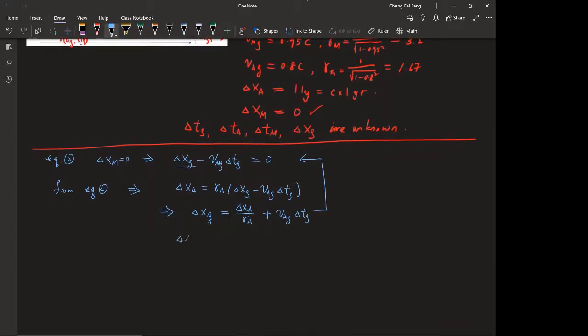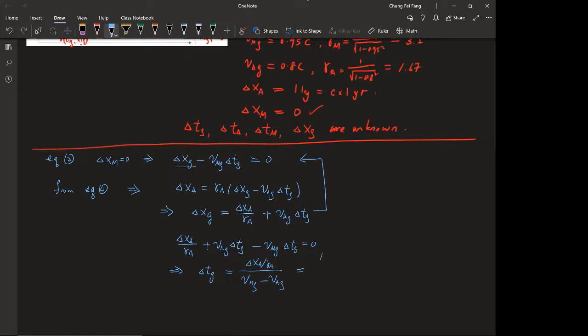Therefore I got delta xa over gamma a plus vag delta tg minus vmg delta tg. Okay, from here we should be able to find out delta tg is equal to delta xa divided by gamma a, divided by vmg minus vag. So you substitute all the values here.